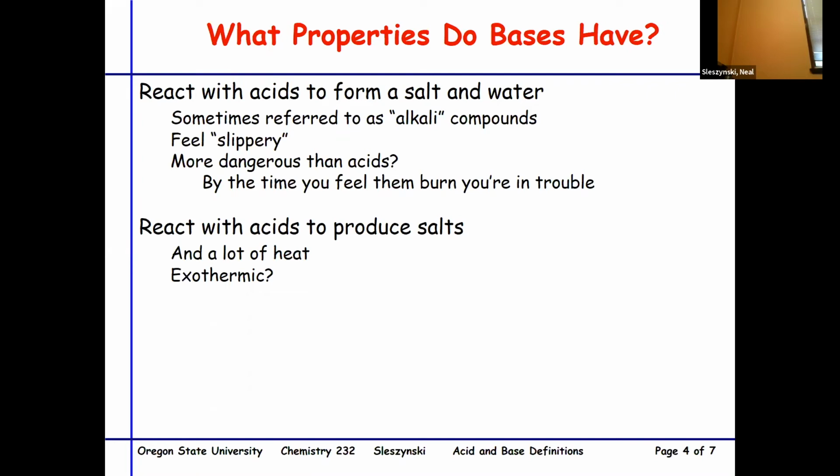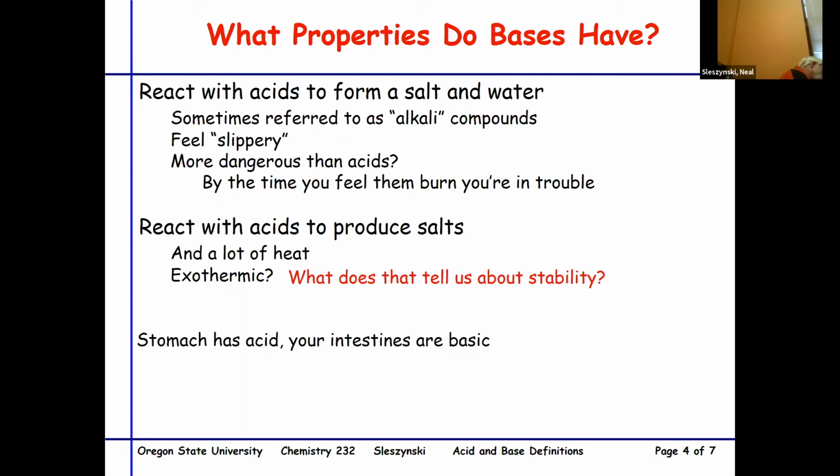If a reaction is exothermic and produces a lot of heat, what does that tell us about the stability of the reactants? It tells us there is a lot of energy stored in acids and bases, and when we react those together in a neutralization reaction, all of that stored chemical energy is released, and we need to be very careful in the laboratory that we're capable of handling that energy release.